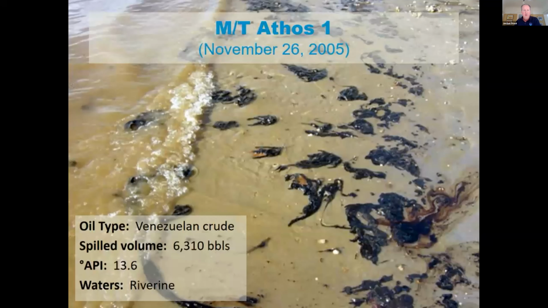Another one was the Athos 1 spill, which is in the Delaware River. This involved a heavy crude oil with an API gravity of 13.6 into a freshwater environment. So given that the API gravity was above 10, you'd expect it to float on the water. But given the nature of the release scenario, the oil basically was jetted into the mud sediments beneath or around the vessel.